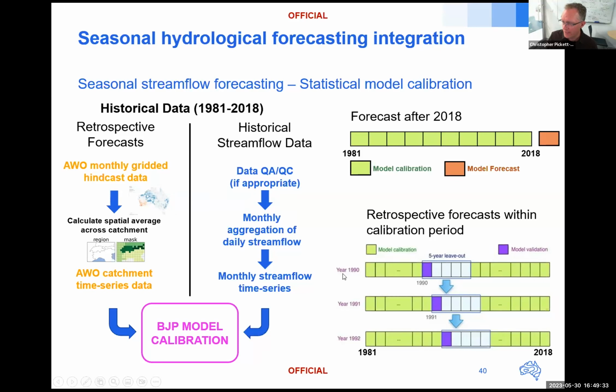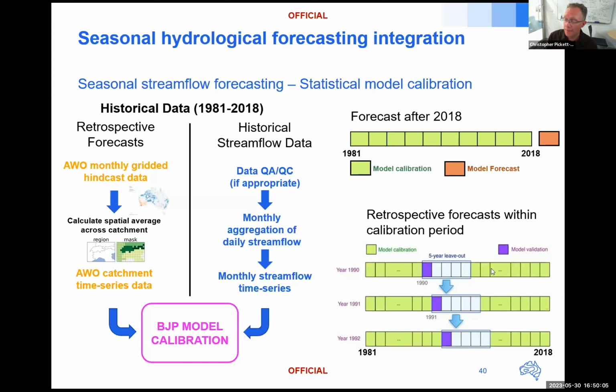If, for example, we want to generate a retrospective forecast for 1990, we have data that we need to calibrate with, but we also need to ensure that our calibrated model is independent of a particular forecast, in this case in 1990. This is a retrospective forecast. And so basically we leave out 5 years of data, and that allows us to be confident that the historical data we're using to calibrate our model is independent of the past forecast that we were generating, okay?